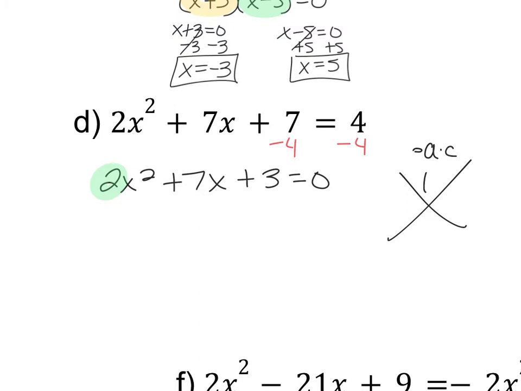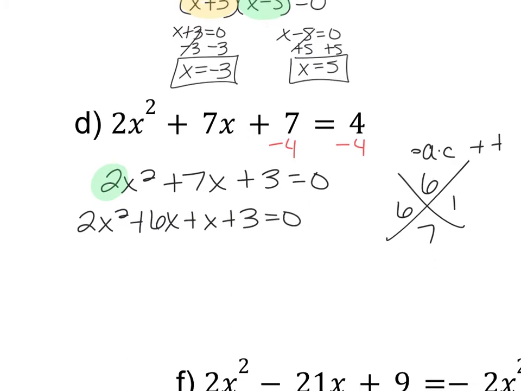So 2 times 3 would be 6, and adds to be 7. Well, that would be 2 positives, right? So that looks like 6 and 1. So I'm going to rewrite it as 2x squared plus 6x plus 1x plus 3 equals 0.